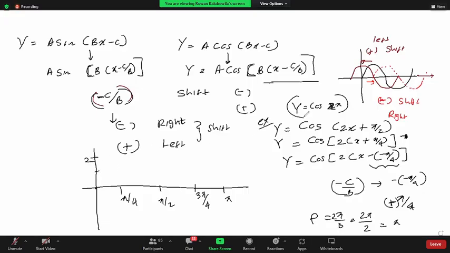You did not correct me, so you have to do it. If I miss something, you have to correct me, because there is nothing in front. So the amplitude is 1. I'll write 1 here.